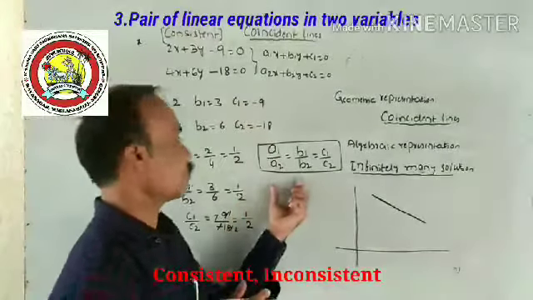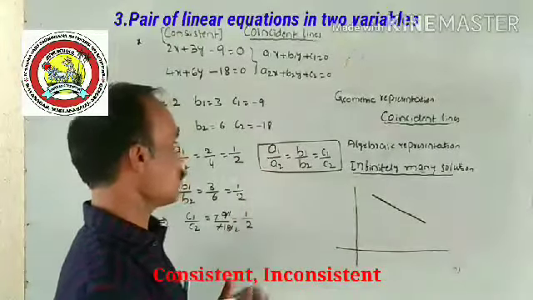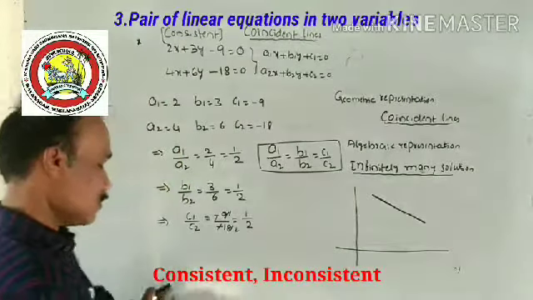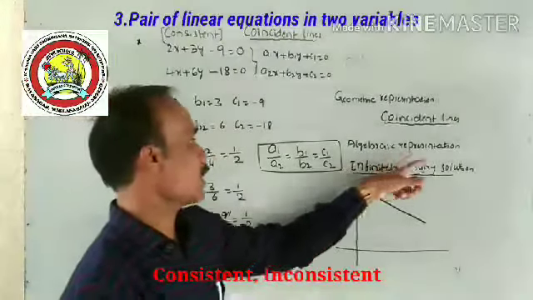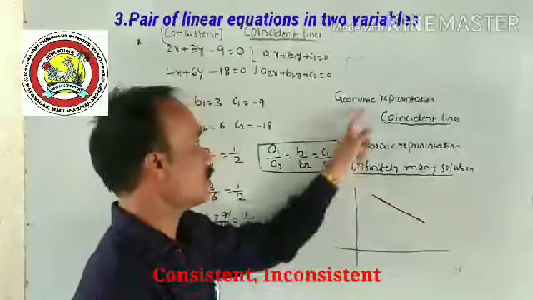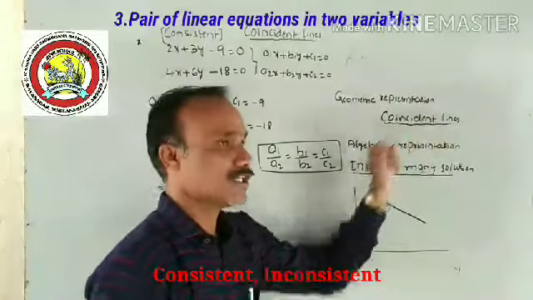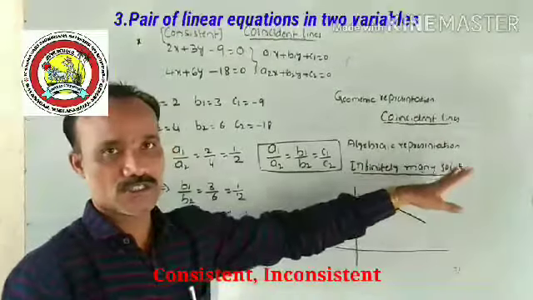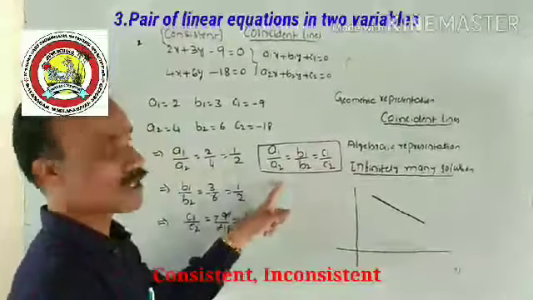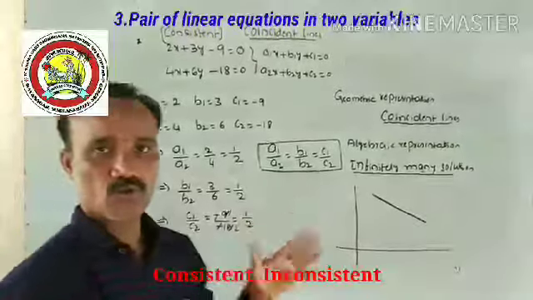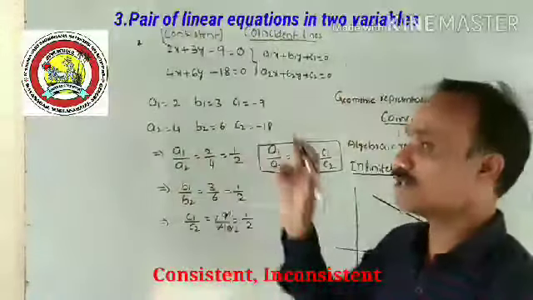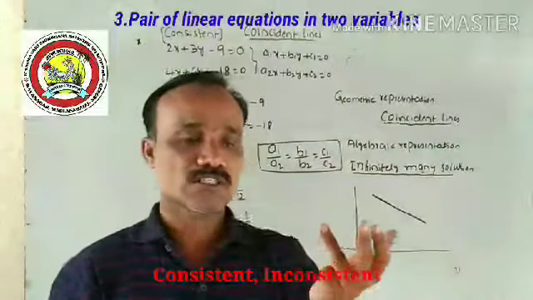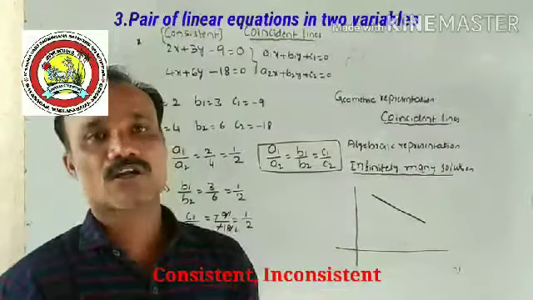What is case number 2? a1 by a2 is equal to b1 by b2 is equal to c1 by c2. The algebraic representation: infinitely many solutions. Graphical: coincident lines. What about solutions? Infinitely many solutions. No need to find them. First use a condition. I told you, before going to find the solutions, first you have to check whether the equations have solutions or not.